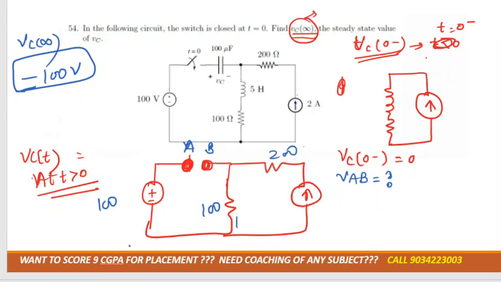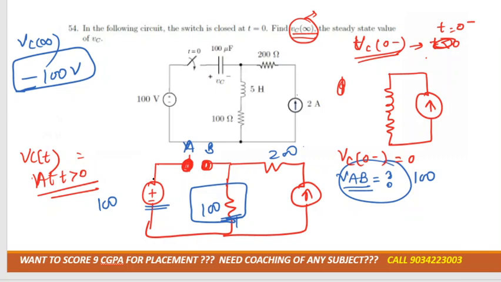Do I need to tell you my method or no? Then do it by yourself. You are standing at A, you need to move towards B, right? 100 volt is the voltage drop. Then there is a voltage drop across this 100 volt also, right?